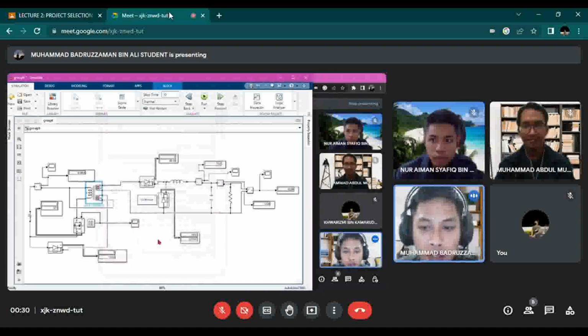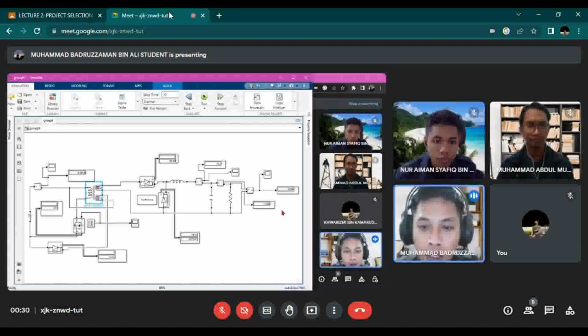So after running, we got for output voltage 42.99, which is almost equal to our target voltage, which is 43.